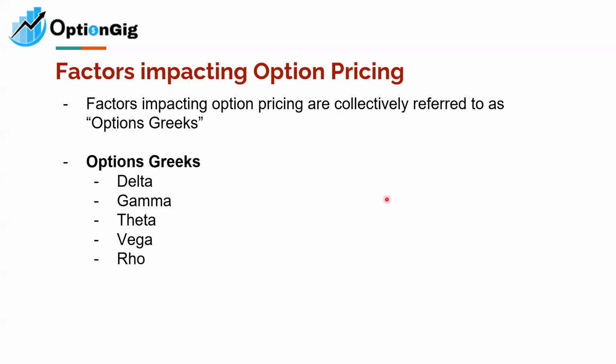So now let's put the option pricing components and the Greeks together and see which one impacts what. All right, so maybe get your notebook out, pen or pencil, papers, or maybe on your laptop. Or you can come back and watch this video again.